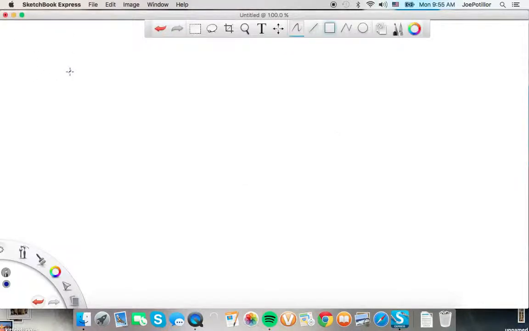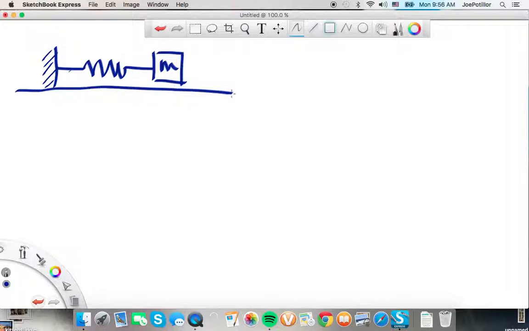Alright, so let us continue with talking about some harmonic motion and the idea of restoring forces. Let's say for example, we have a spring, something like this. We have some mass attached to it, and it's on the smooth floor like this.